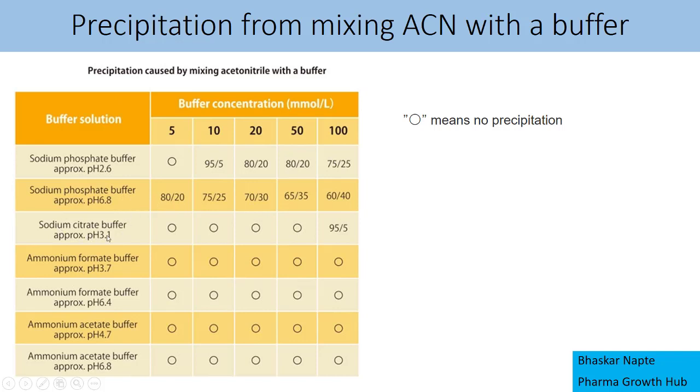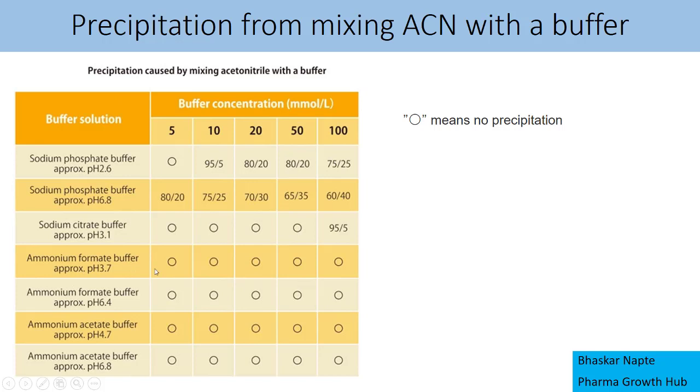In the case of sodium citrate buffer having pH approximately 3.1, no precipitation happens with 5, 10, 20 and 50 millimolar per liter of salt, and with 100 millimolar sodium citrate buffer, you can still use 95 parts of ACN and 5 parts of buffer.